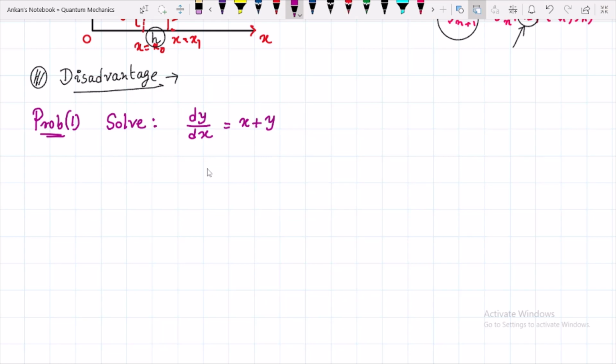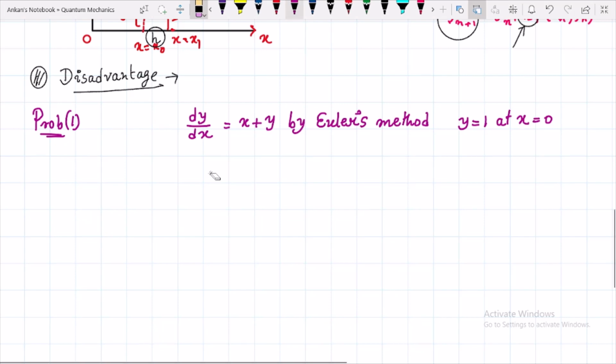Let us pick this type of problem. Okay, the question is not complete: by Euler method, provided the initial condition is y equal to 1 at x equal to 0, and you have to find the value. So the question must be modified, given the initial condition, and by Euler method.